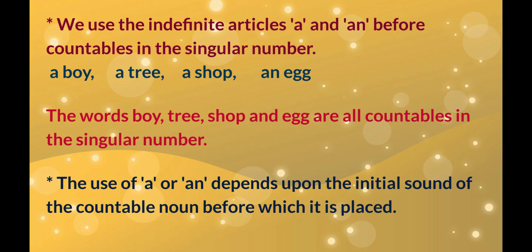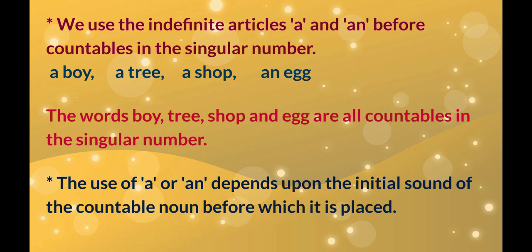For example, a boy, a tree, a shop, an egg. Here a boy means one boy, a tree means one tree, a shop means one shop, an egg means one egg. Okay, the words boy, tree, shop and egg, these all words are countables and they are in singular number.